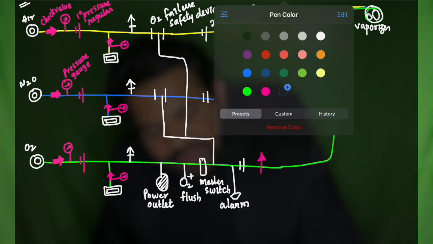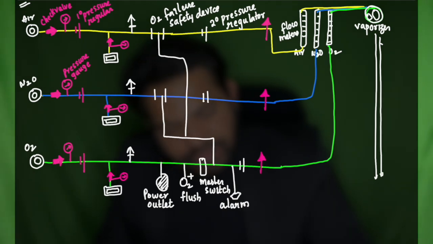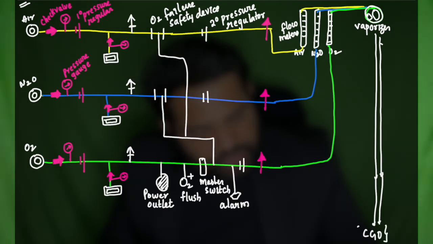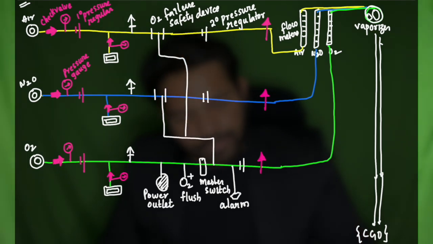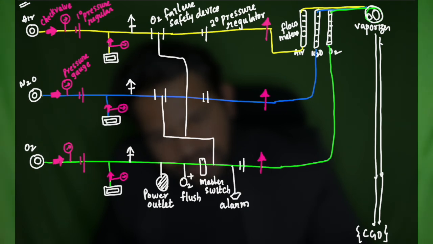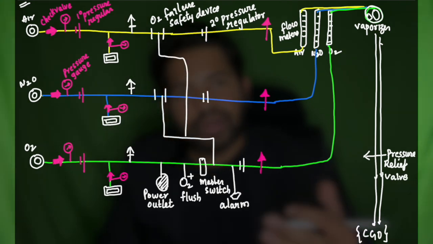From the vaporizers, all these gases are going to come down to something called the common gas outlet, or the CGO. Just remember that there is a pressure relief valve over here also, before the common gas outlet.